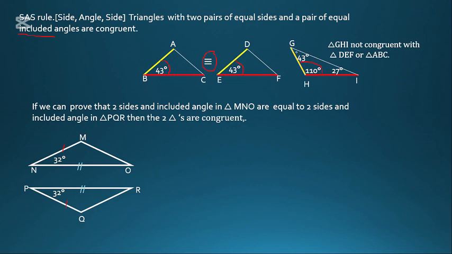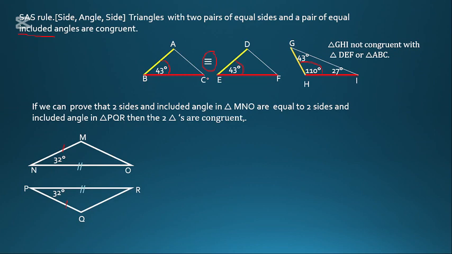Look there, over there, that's 43 degrees. So for that reason, this triangle will never fit perfectly on this one or that one. Right, so we say here, triangle GHI is not congruent with DEF or with ABC.